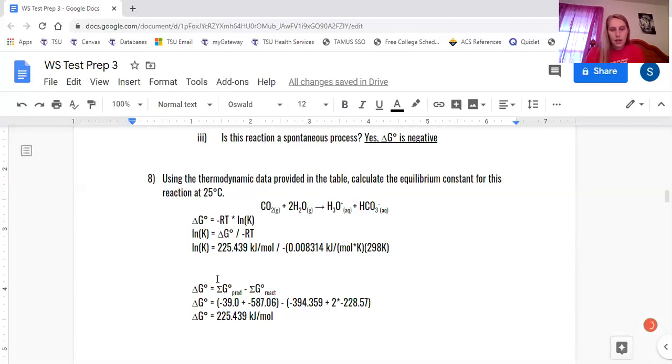So now we can figure out what this is going to be. So we're going to have the natural log of K, and that is going to be equal to 90.929.